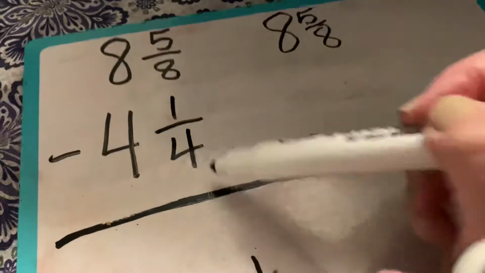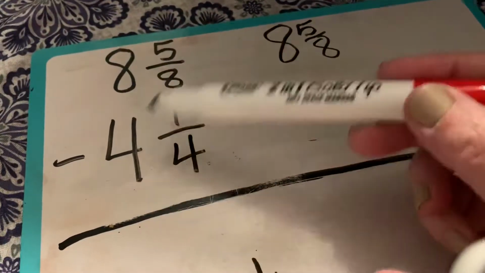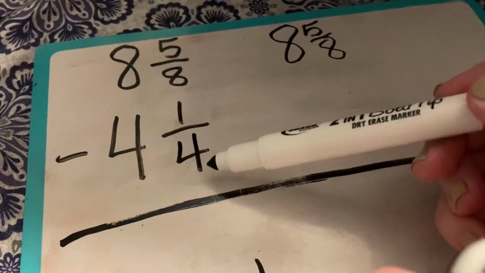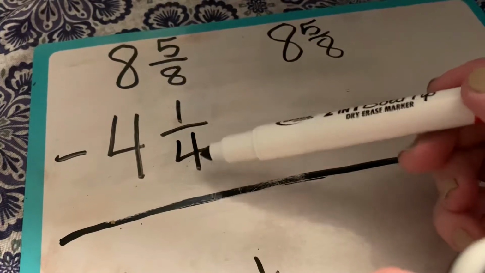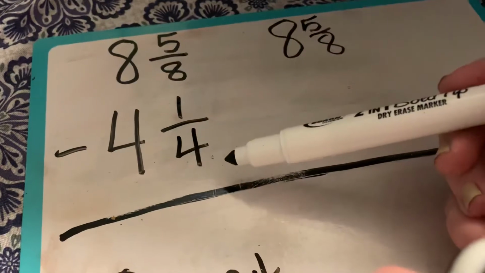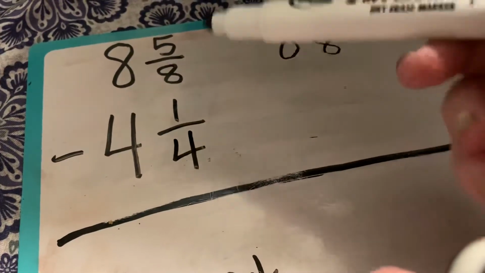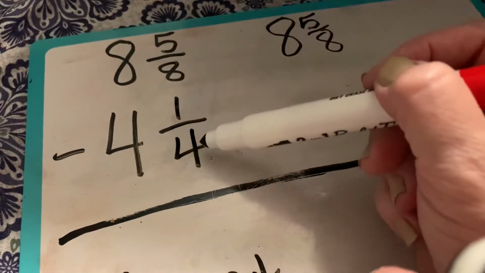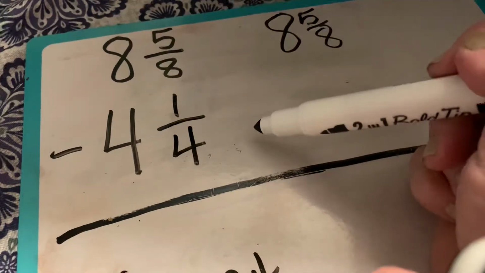Now, I'm going to go back to this mixed number, 4 and 1/4. It doesn't have 8 in the denominator, so I need to make sure that I have an 8 in this denominator. The way I do that, I ask myself, what did I multiply 4 by to get 8?